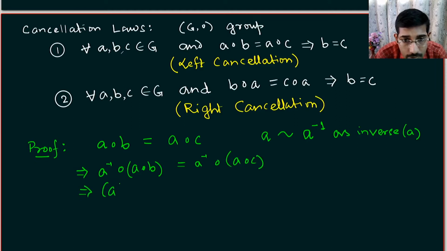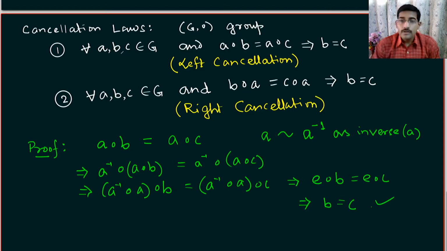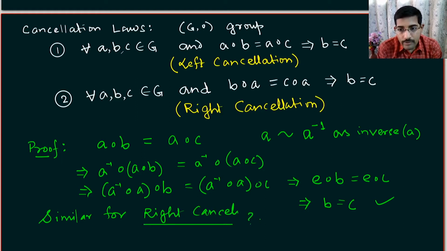Due to the associative rule, I can have this, which means we form EOB equal to EOC, which gives me B equal to C. So the left cancellation law is proved. Similarly, the right cancellation law is similar. So just do it yourself.